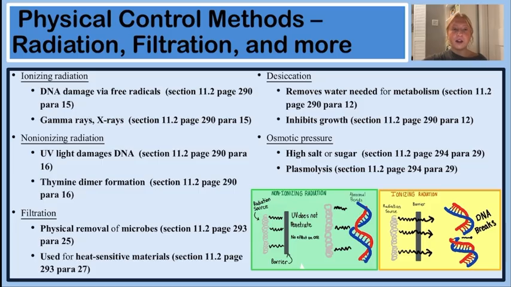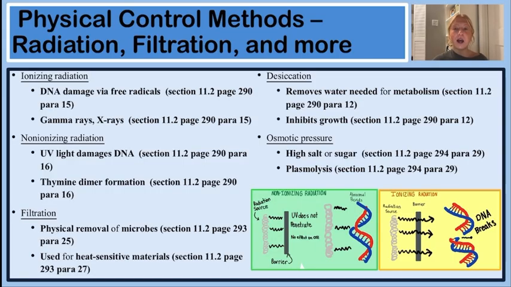So now I'm going to talk about a little bit of the other physical control methods. So radiation is another important one, and this includes ionizing radiation, which works through extensive DNA damage, through the production of free radicals that can break chemical bonds, and this makes it highly effective for sterilizing medical supplies and certain foods.